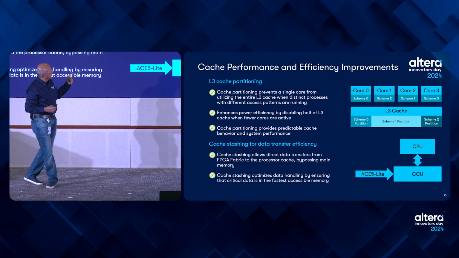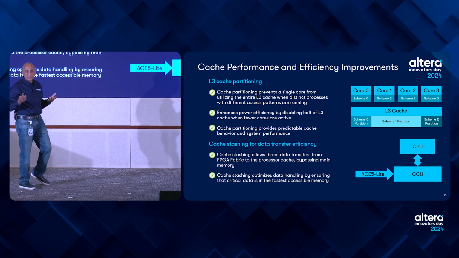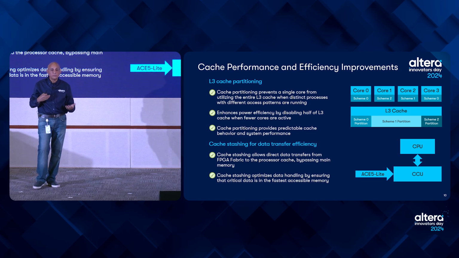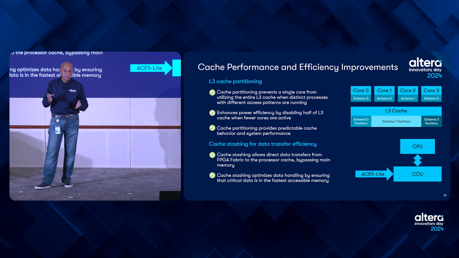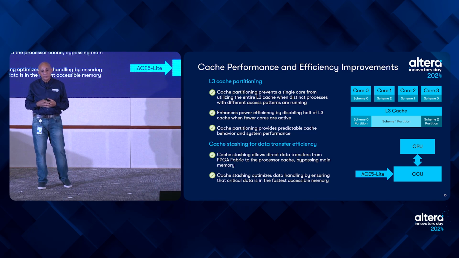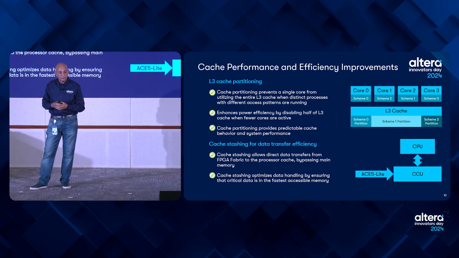If you see in the example there, we have core 1 and 2 that have individual partitions. They are sized for their application requirements. Core 0 and 3 are sharing a partition, and their access patterns are similar, and it's more efficient to do it that way. So you have full flexibility in how you can partition your cache based on application needs. The other thing you could do, in order to save power, if your cores are not active or you don't need the full L3 cache, is turn off half the cache and save power that way. So that's another way to save power.